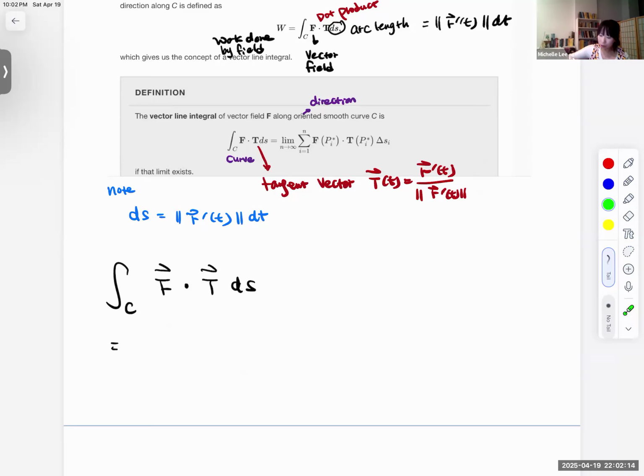Okay, now we want to make a parameterization of the vector field. So we can express this one like F of r of t, right?